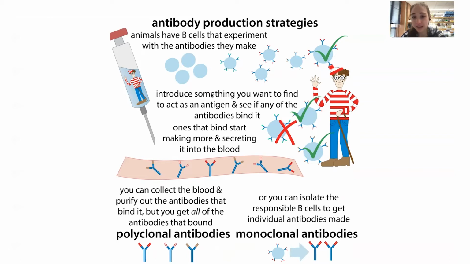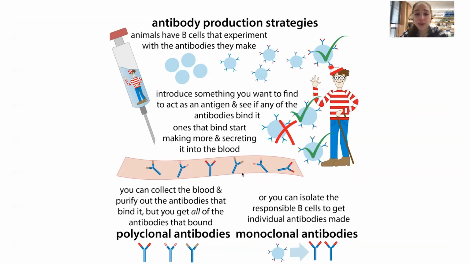And if they bind, and they don't bind to any self things in the animal, then they're going to get chosen, they're going to expand, and then you're going to get lots of these antibodies made. Some of these antibodies are going to get secreted into the blood.